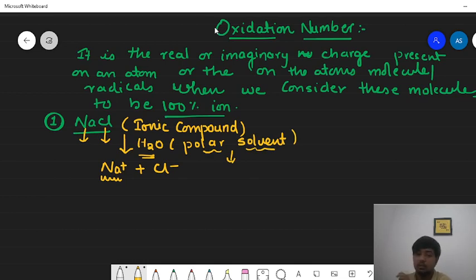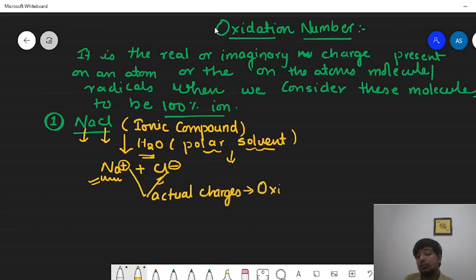And when they get dissociated, obviously you will get the charge on Na and the charge on Cl, and these actual charges are considered as oxidation number.